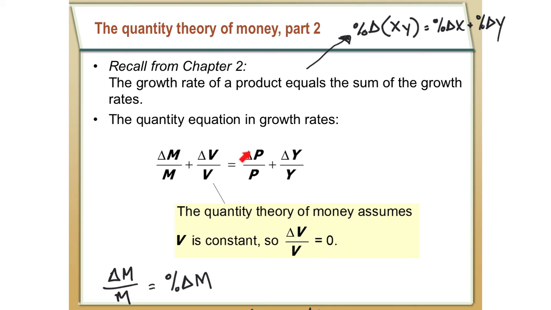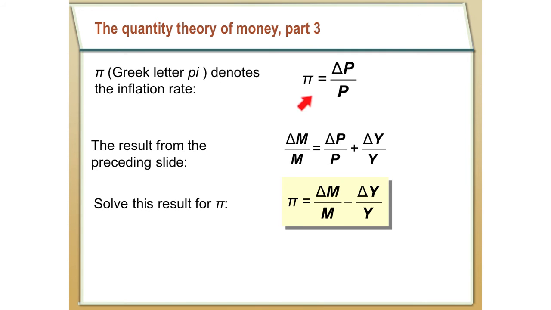So this is inflation. Percent change in real GDP is the growth rate of real GDP. And the percent change in the money supply is just the growth rate of money. In macro models, we use the Greek letter pi to stand for inflation. So pi is equal to the percent change in the price level.